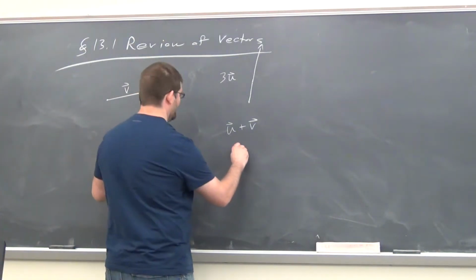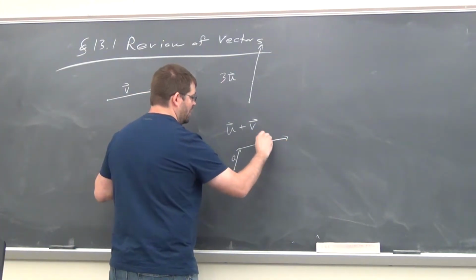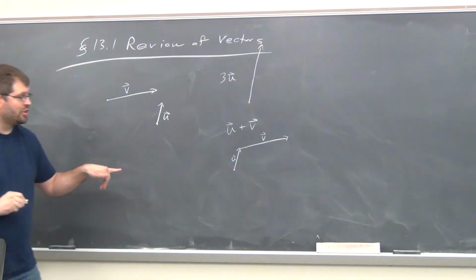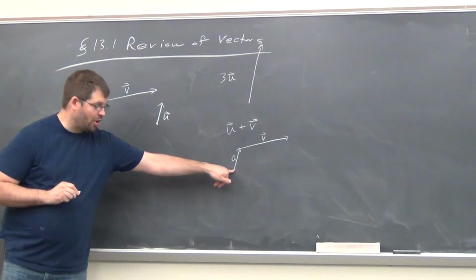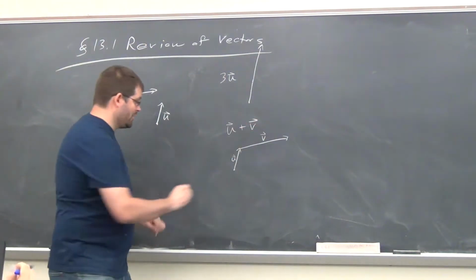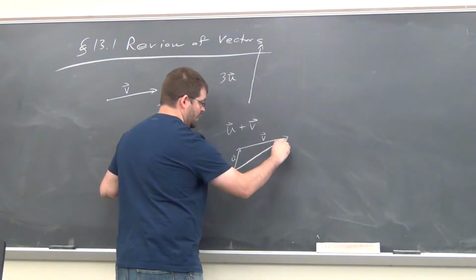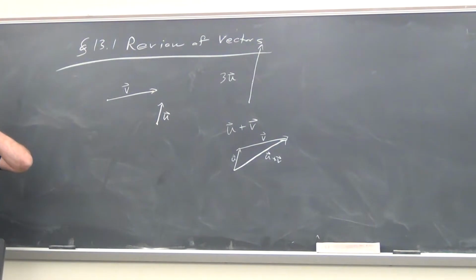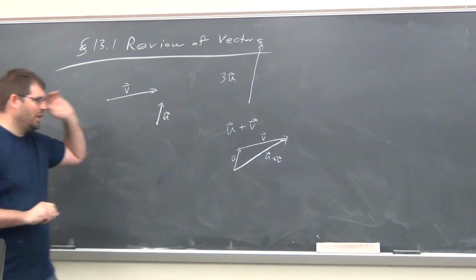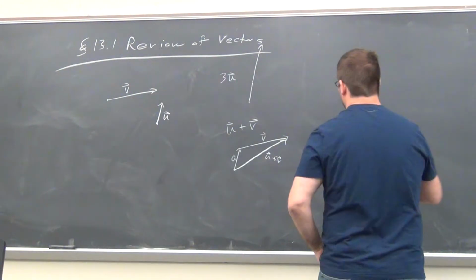So there's u, there's v, so what's u plus v then? The vector from the start of u to the end of v. So this guy right here is u plus v. Does that all look familiar? Okay. So we don't really do a ton of it algebraically anyway.